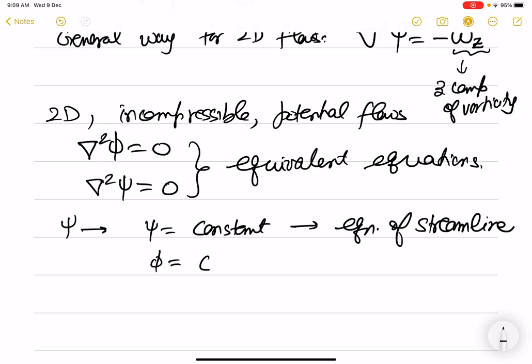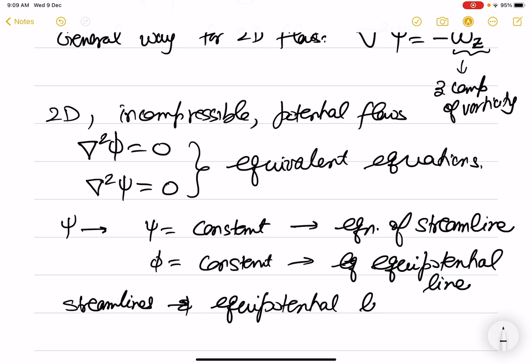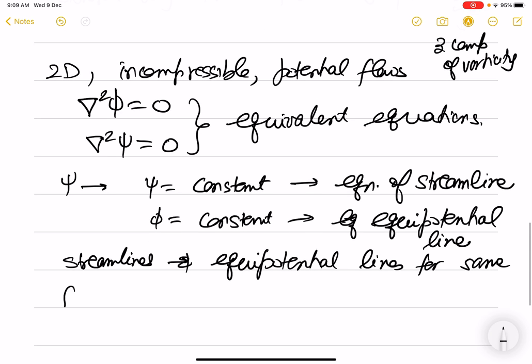Now a line of phi is equal to constant, we can call it an equipotential line. So we have streamlines and equipotential lines for the same flow. And the question we ask is, are they related?